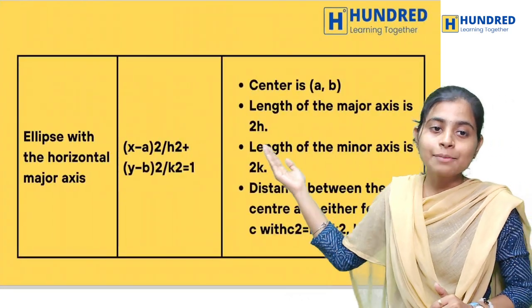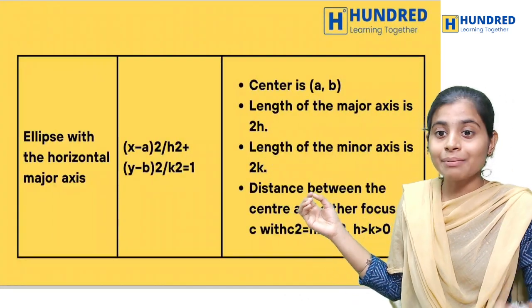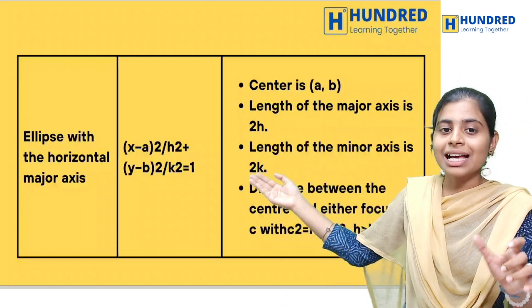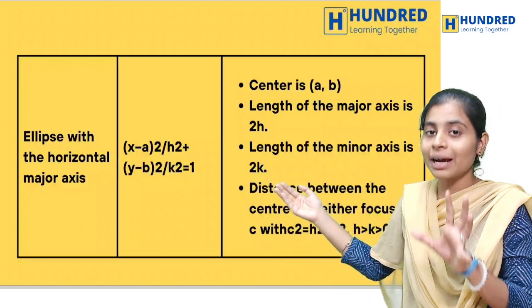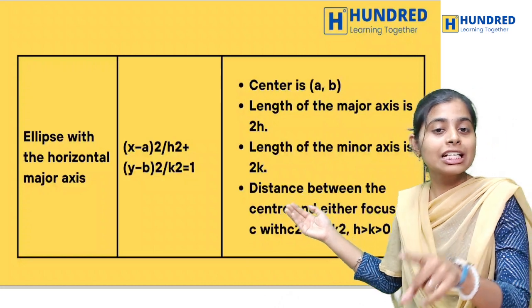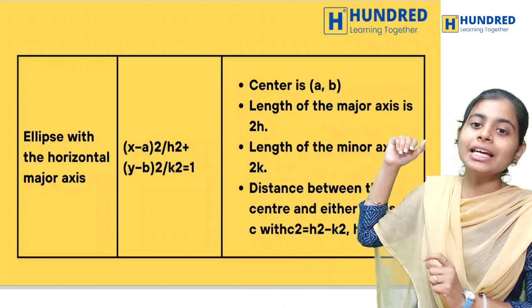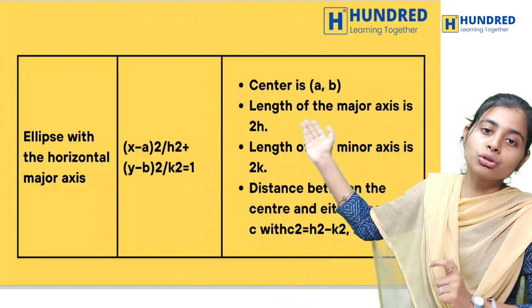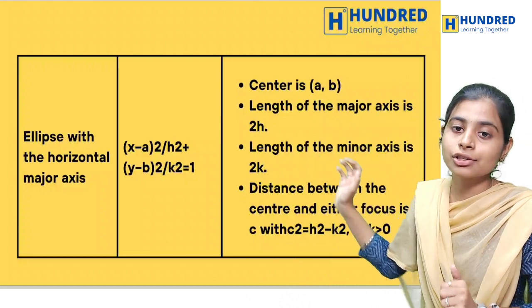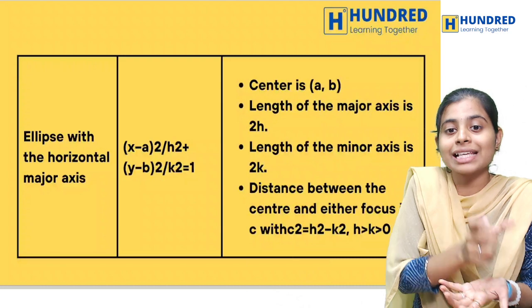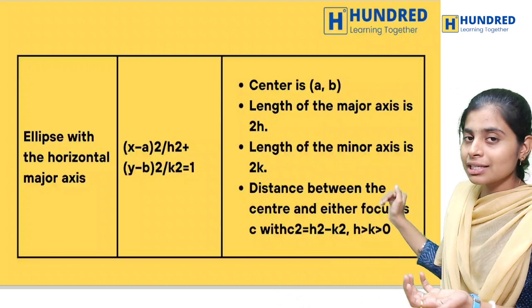For an ellipse with the horizontal major axis, the formula is (x minus a) whole square by h square plus (y minus b) whole square by k square equal to 1. Here the center is (a, b). The length of the major axis is 2h and the length of the minor axis is 2k. Then the distance between the center and either focus is c.